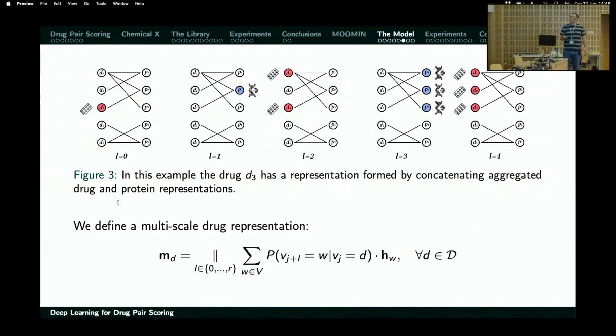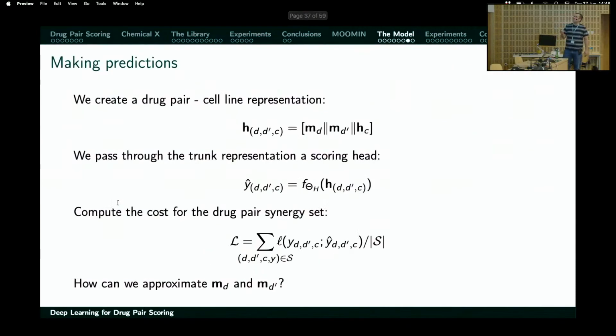So we will come up with an approximation scheme for that. But finally, we take these multi-scale representations for the first drug, the second drug, and the cell, and we concatenate them together.